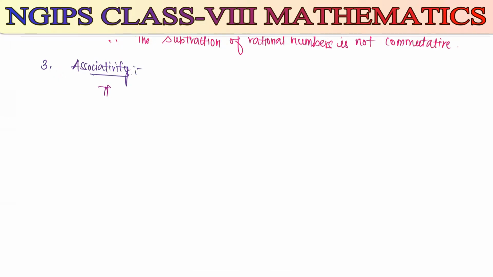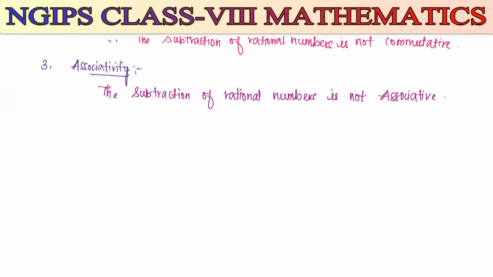The subtraction of rational numbers is not associative. So here it has to satisfy the condition. Choose three numbers for associativity.